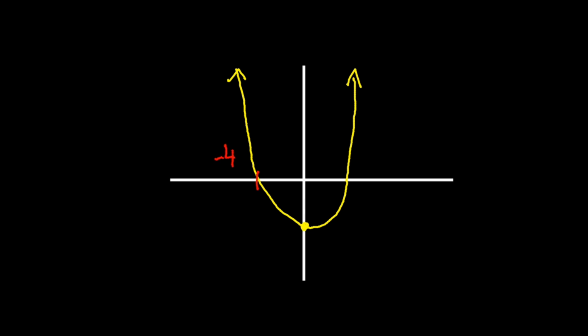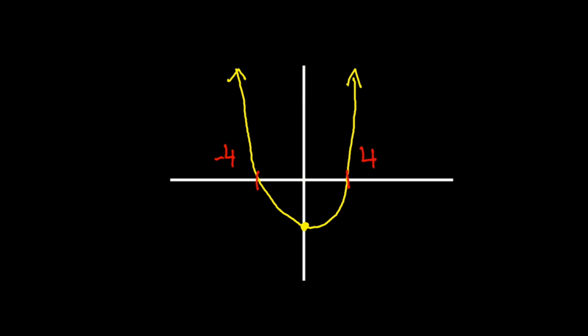Let's make a new graph, this time of a parabola. It's going to be, so this is -4 and 4.